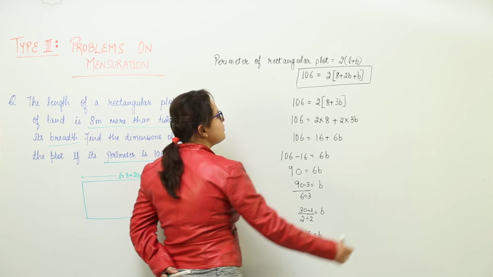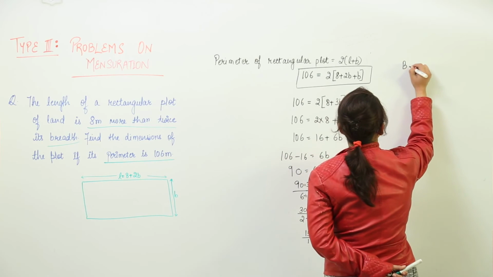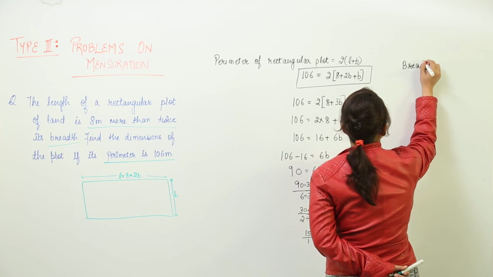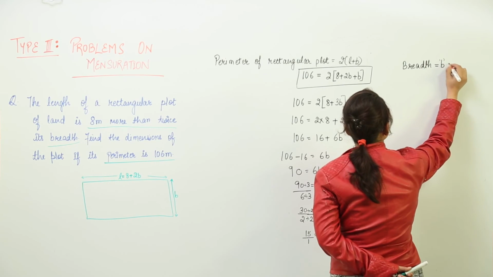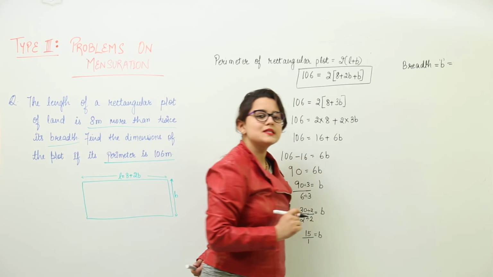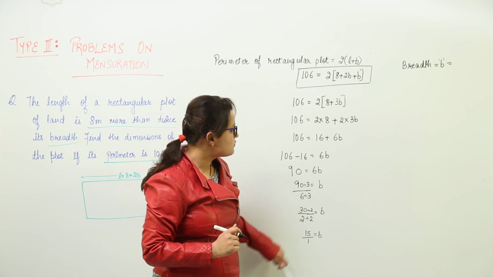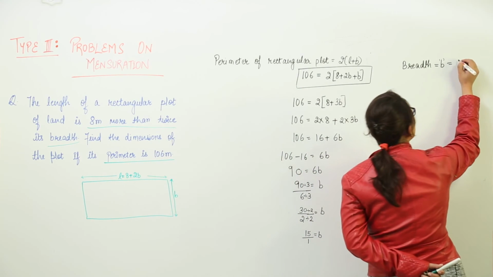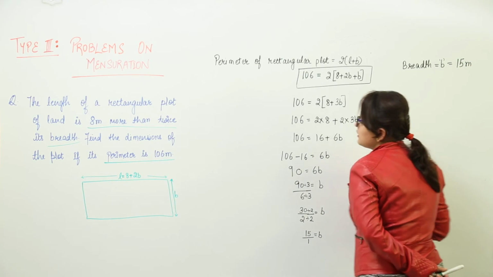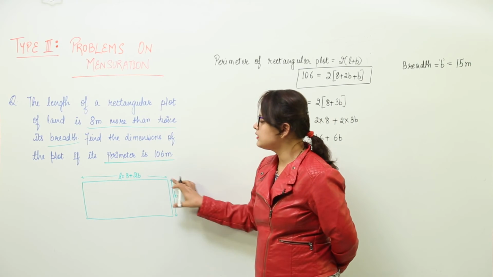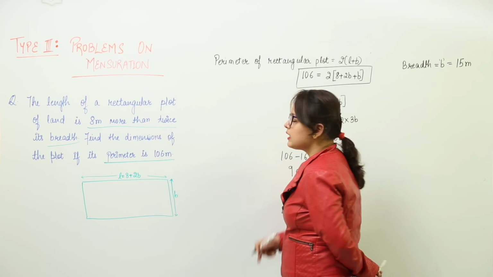That means the breadth of the rectangular plot, which we assumed to be B, has come out to be equal to 15. So we write this down here, that the breadth of the rectangular plot is equal to 15 meters, right? We have already found the breadth. What will be the length of the rectangular plot?